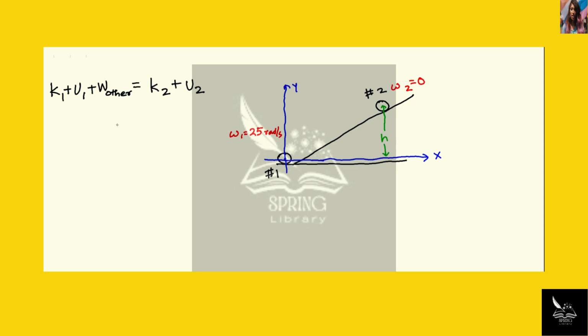Now if we write the kinetic energy, we see that kinetic energy has both translational and rotational motion because the wheel is rolling as well. So we'll have kinetic energy equal to half I_CM omega squared plus half m V_CM squared, where I is the moment of inertia, V is the linear velocity and omega is the angular velocity.